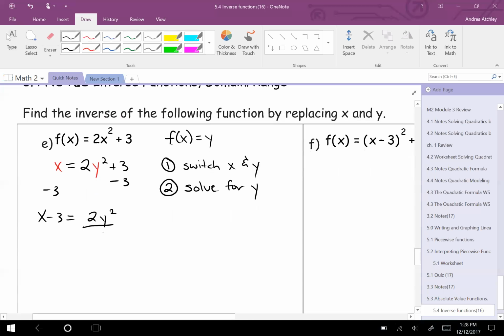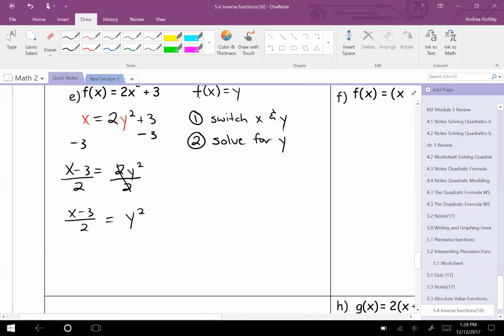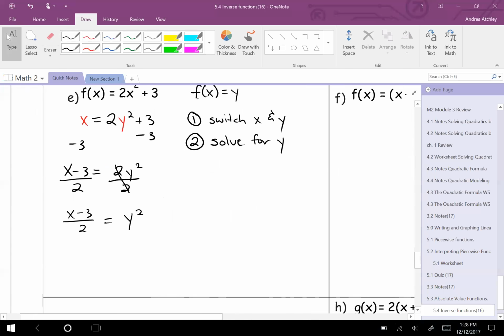Then I would divide by 2, divide by 2. Those would cancel out, and I get (x minus 3) divided by 2 equals y squared. To undo the y squared, then I square root.